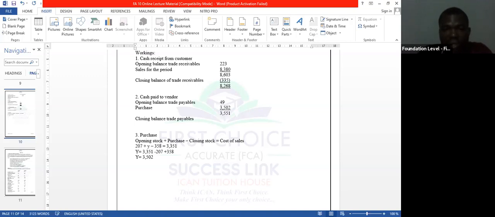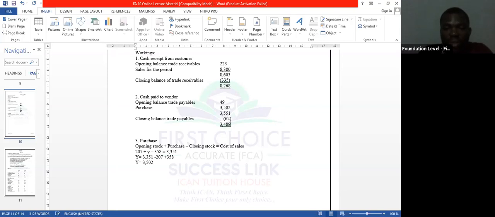Okay, so the next thing is for us to now state the closing figure. What is the closing figure? We need to reduce this closing figure. The closing figure is 62. So let's reduce that 62 from it. That'll give us a total sum of, let's see, 3,489.